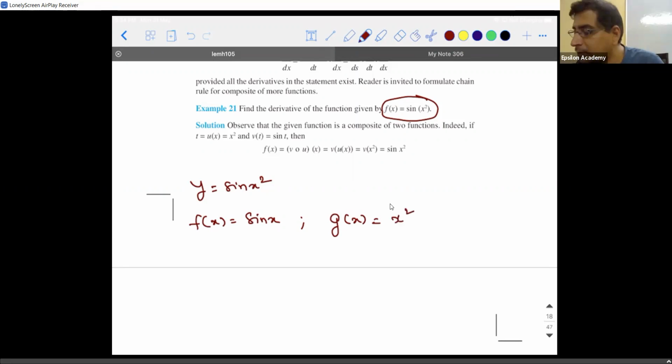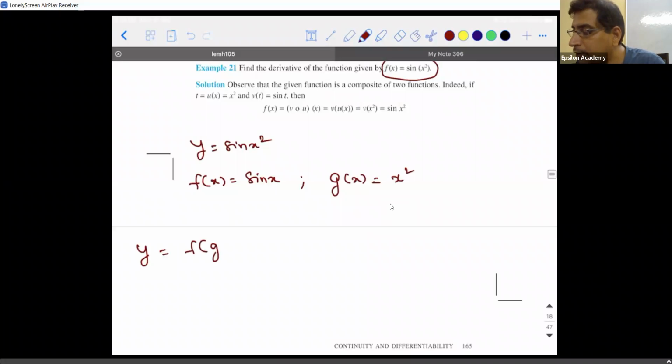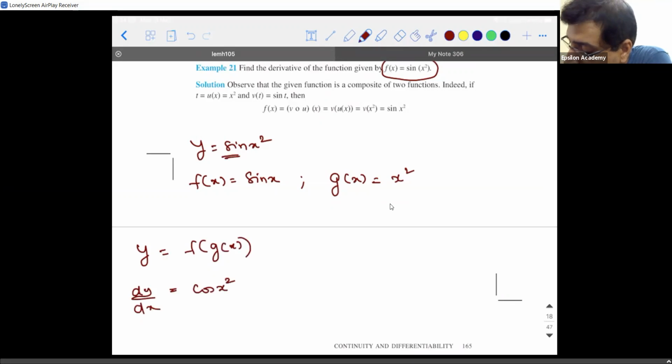And y is nothing but f of g of x. Which implies dy by dx will be how much? Derivative of sine is cos. You will write the same angle inside, into d by dx of x square.